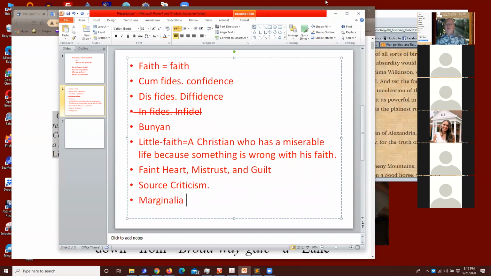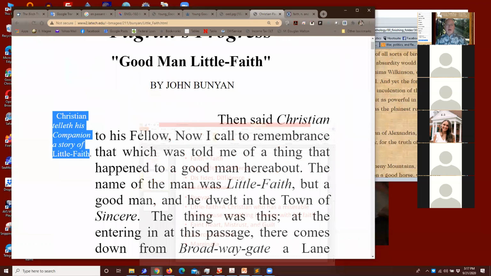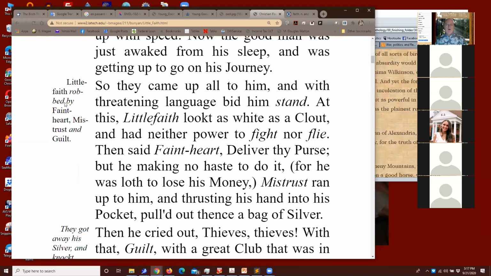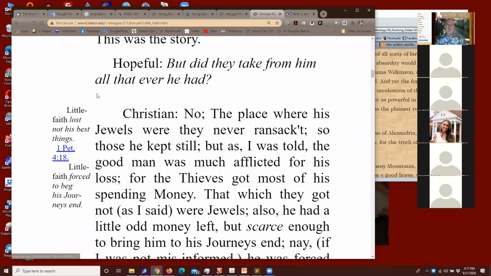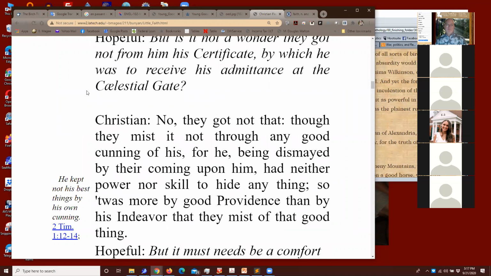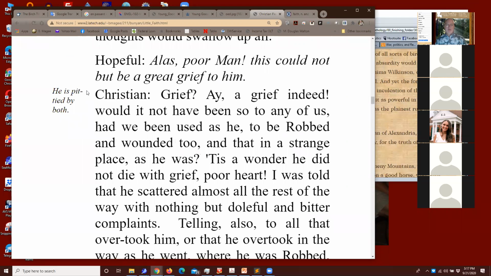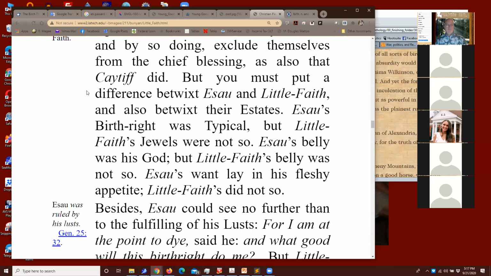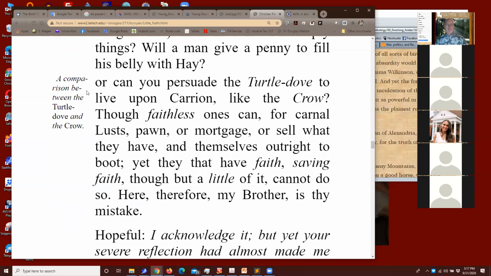And sometimes it's just a little summary of what's going on. But sometimes they have Bible verses in here. 2 Timothy. Do we have? I didn't put the most important one. Where's Matthew?